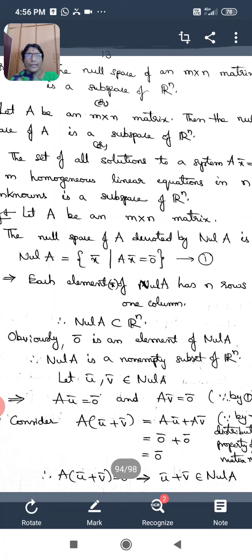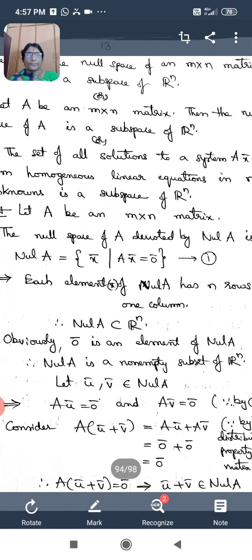Rn is the n-dimensional space which consists of all the column vectors of the order n by 1. And null A also consists of n by 1 column vectors which satisfy the equation Ax bar equal to 0 bar, and hence null A is a subset of Rn.